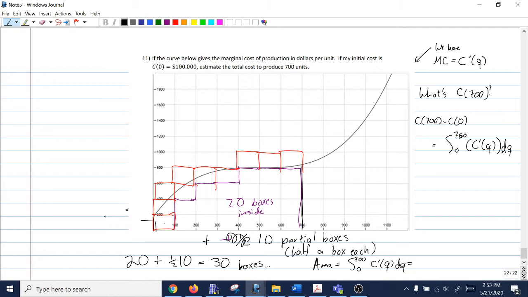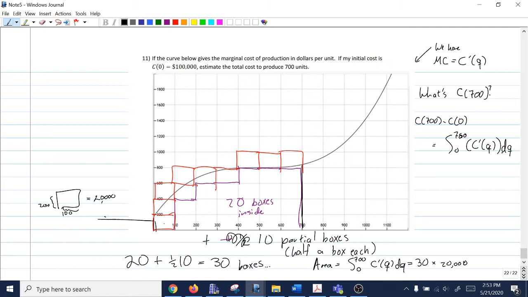Well, how much is a box? A box is 100 by 200. So that's a 2 with 4 zeros after it, 20,000. So 30 boxes at $20,000 a piece.